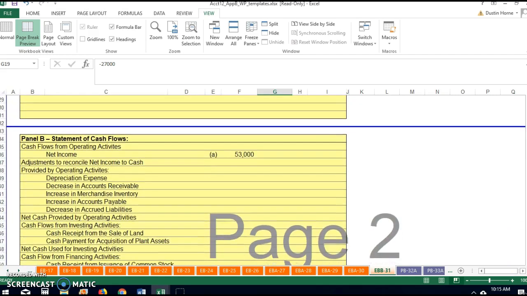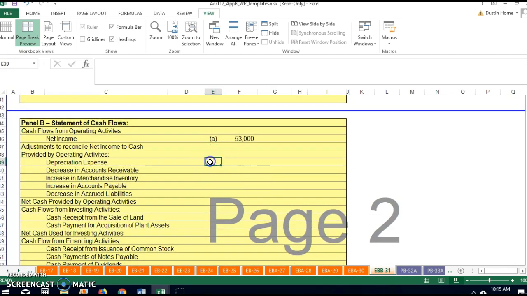And down here, we need to add back depreciation expense because we're not really spending money when we pay a depreciation expense. It's not a cash activity. It's not affecting cash. So it was taken out of net income, so we always have to add it back. So $27,000 is added back here.